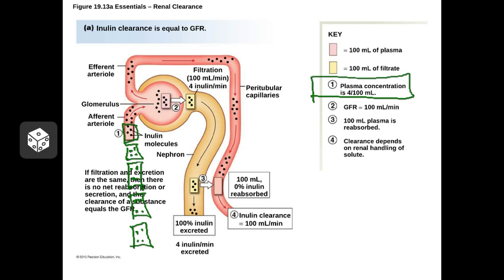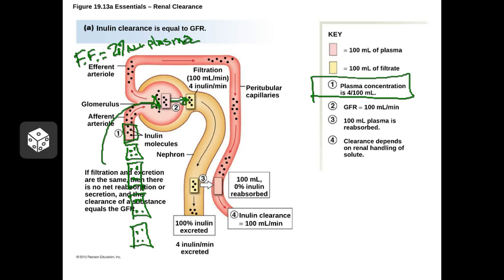Now, as this blood passes through the glomerulus, we have learned that the filtration fraction is usually right around 20% of all plasma. In other words, of all the plasma that runs through the glomerulus, 20% of it is going to be filtered.